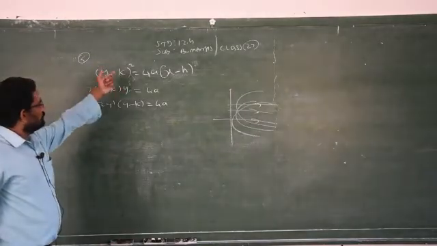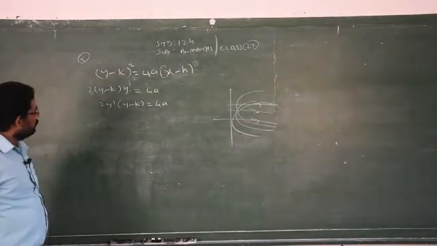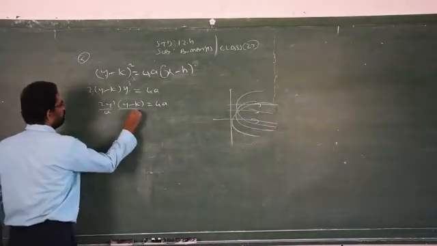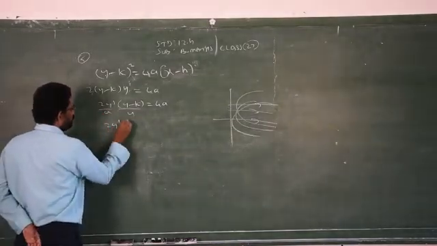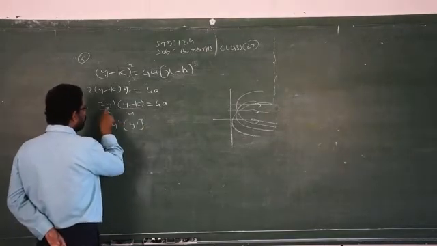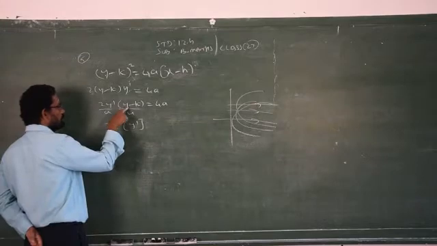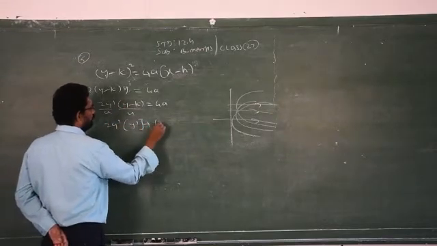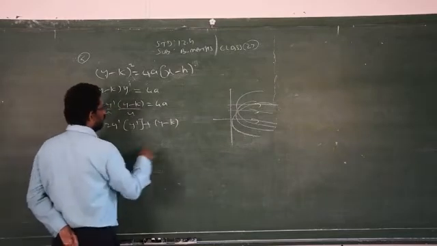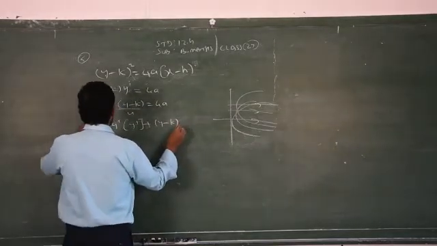There are two constants, so you have to differentiate one more time. That is the UV method. 2y dash, y will become y dash. I keep the first one as it is and differentiate the second factor, then I keep the second factor as it is and differentiate the first.